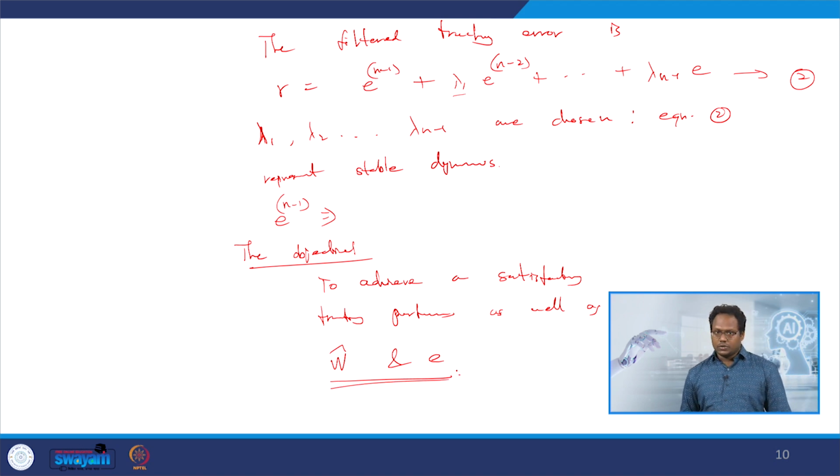So, this is the objective for this control design, which is to achieve a satisfactory tracking result, and we need to maintain the boundedness of the neural network weight vector W hat as well as the tracking error. So, now let us continue this.